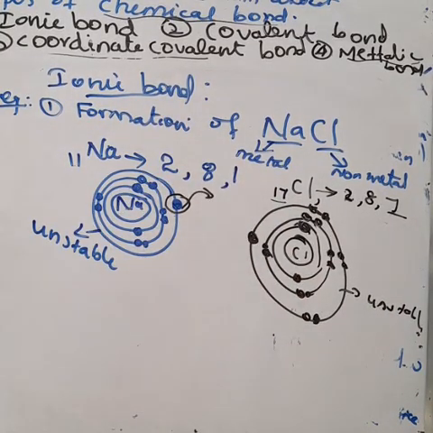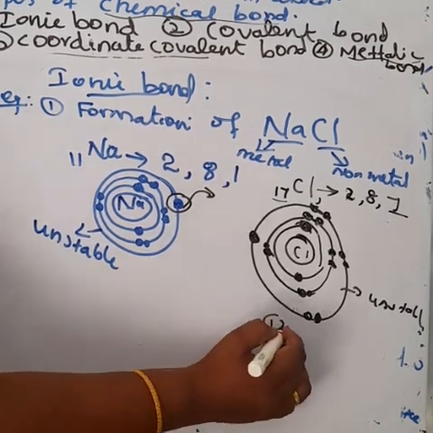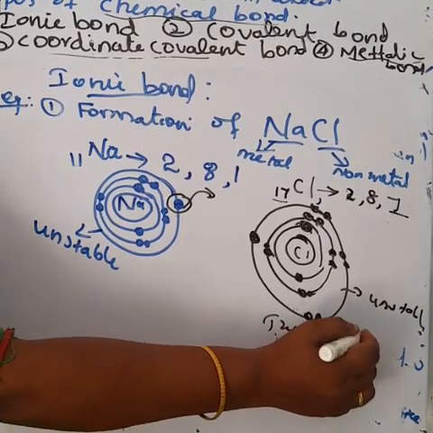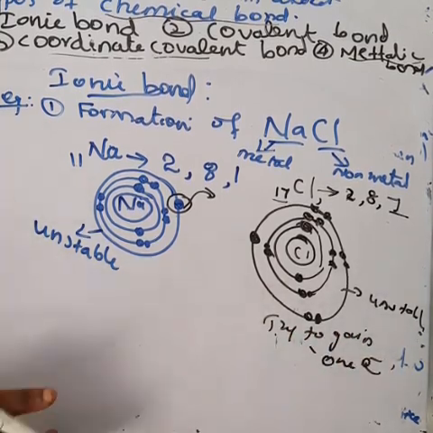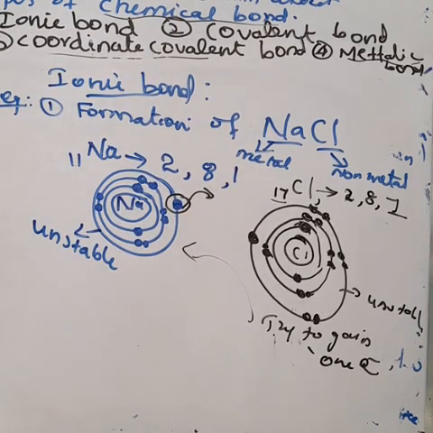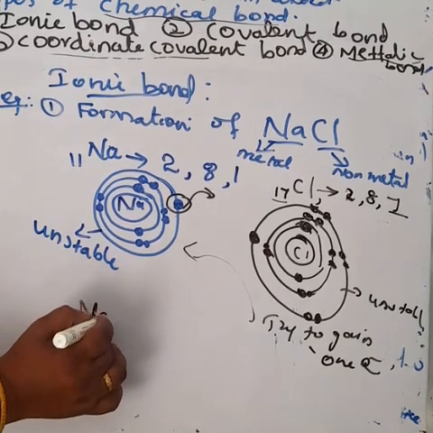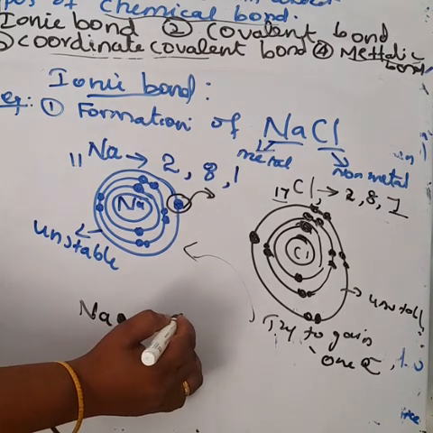So it always tries to gain 1 electron from any other atom to get a stable configuration. Understood? Here, the sodium atom has only 1 electron in its outermost orbit, and the chlorine atom has 7 electrons.